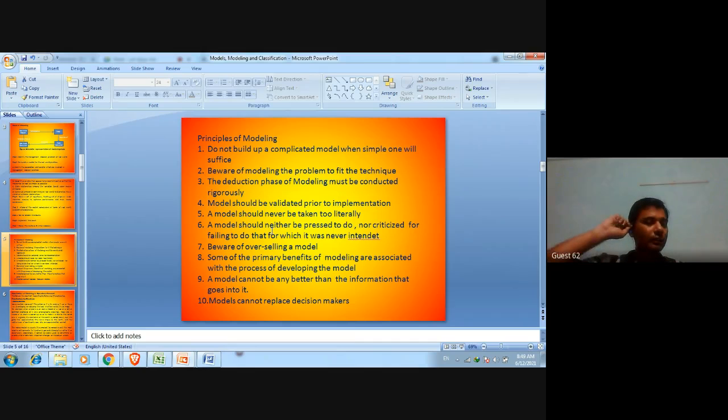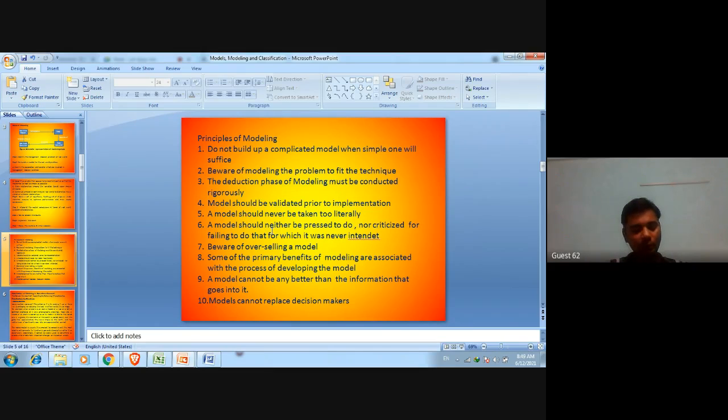Means if you are using your model, then you can validate your model in different phases. If the model proves successful, if the validity is proved, more items can be placed within its range.